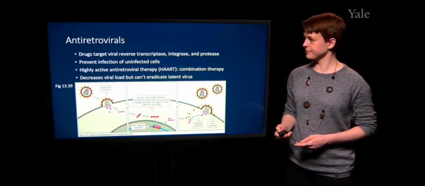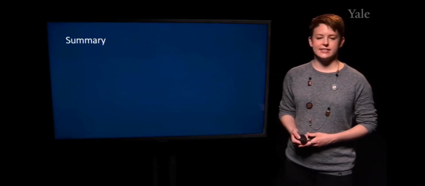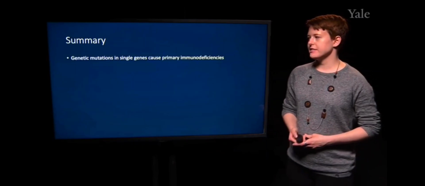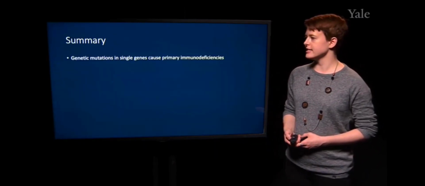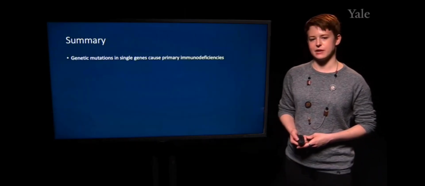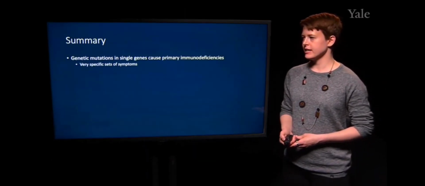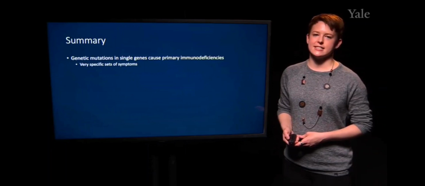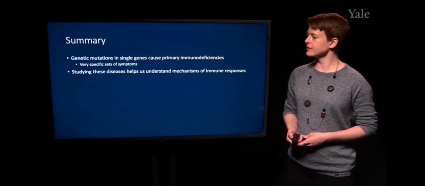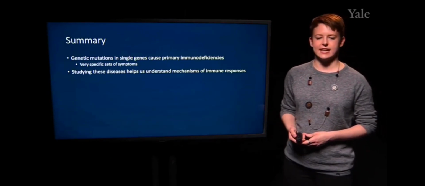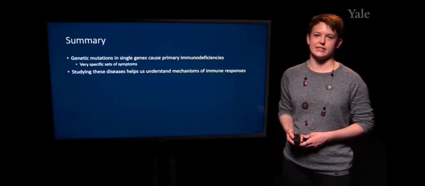So in summary, today we've talked a lot about genetic mutations, which in single genes especially will cause primary immunodeficiency. And as you saw, these diseases all have a very specific set of symptoms. And studying these diseases helps us understand the mechanisms of the immune response.